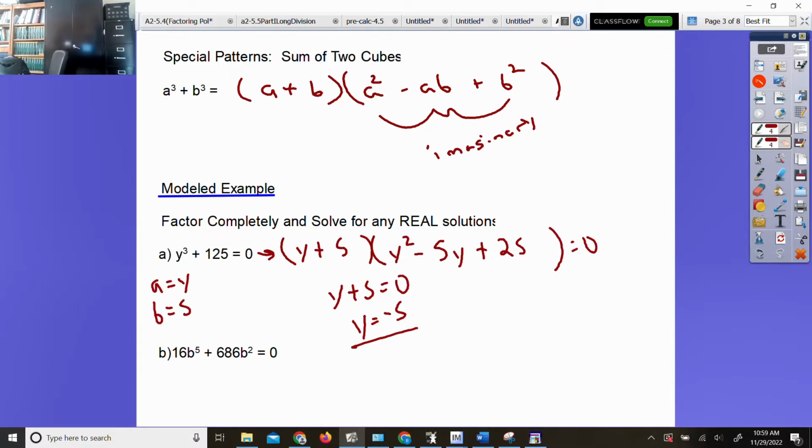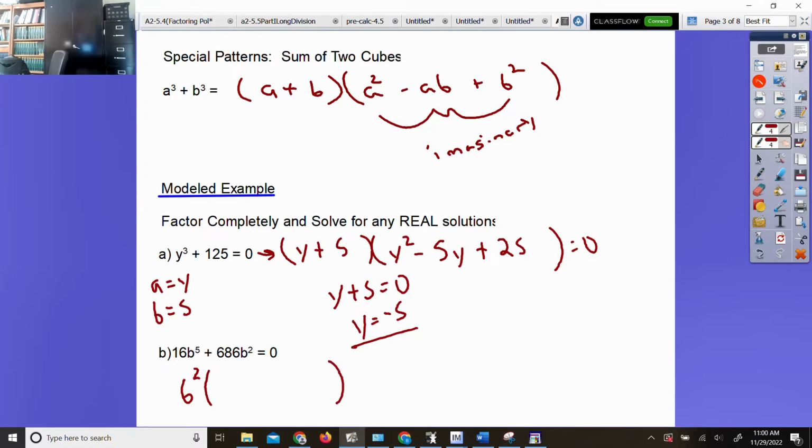Now, I've got the second one up here given, and this is still going to be the difference of two cubes pattern after you manipulate it quite a bit. Is there a cube root of 16? No. So you're going to have to manipulate this. You can pull a b squared from both pieces. Hayden's paying attention to the first commandment of math: if you can pull it, pull it. But you can pull more than a b squared from both pieces.